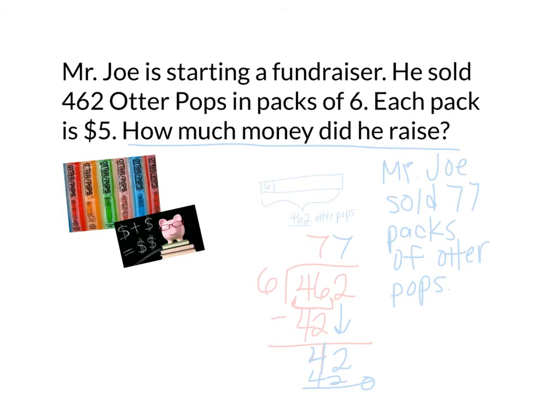We have to add 5 77 times. That takes a long time. Is there something shorter than adding 5 77 times? Multiplication. Let's use multiplication so we can do 77 times 5.